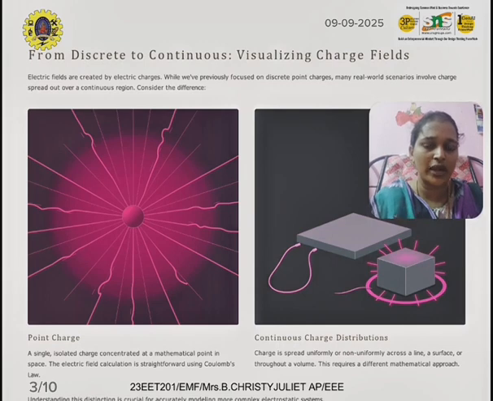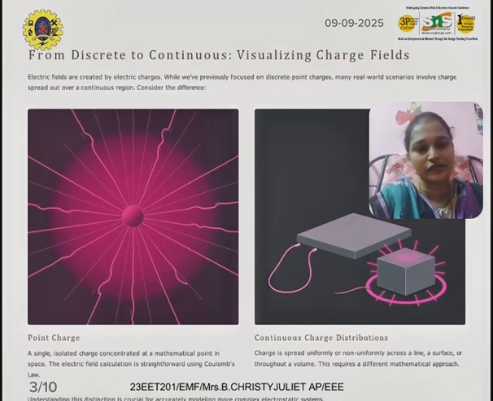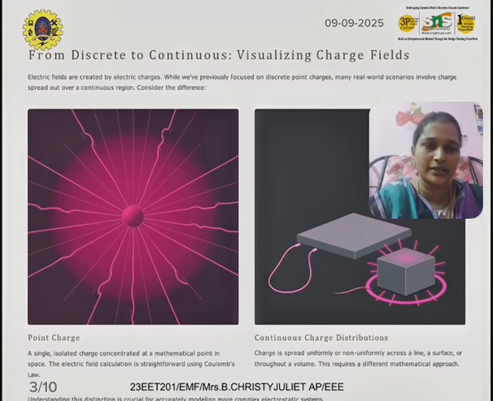Then if you want to calculate the cumulative electric field of these two charges, it can be represented as E is equal to E1 plus E2. So the cumulative value of several point charges is the consecutive addition of the electric field of each and every charge. But when it comes to continuous charge distribution, the case is different, wherein we have to integrate the total electric field values.